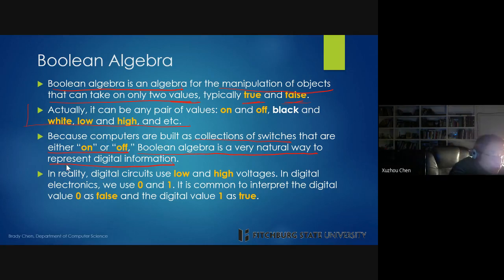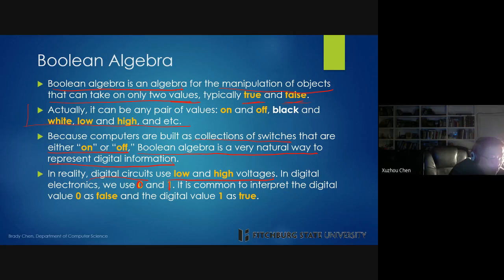In reality, digital circuits use voltages, low and high voltages. To simplify this, we use a binary number to represent these two states. Instead of a low voltage or high voltage, we can use the number 0 or the number 1.